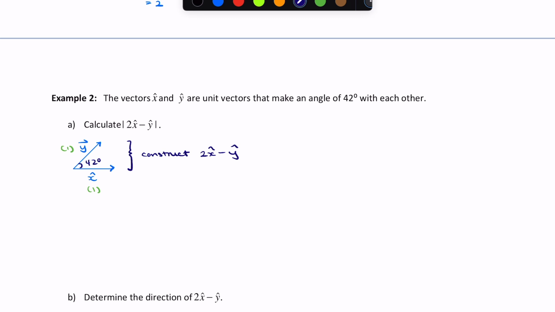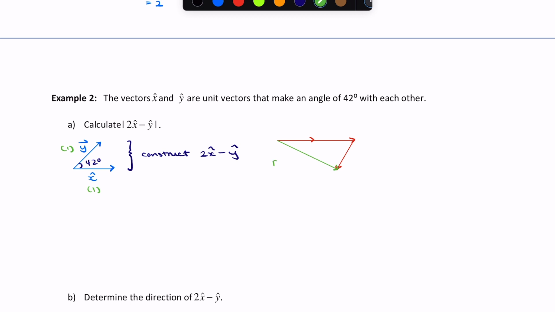Now if we draw it, 2 times vector x. So this is 1 vector x, 2 vector x. And negative y means that it's moving in the opposite direction here. So our resultant vector will be right here.